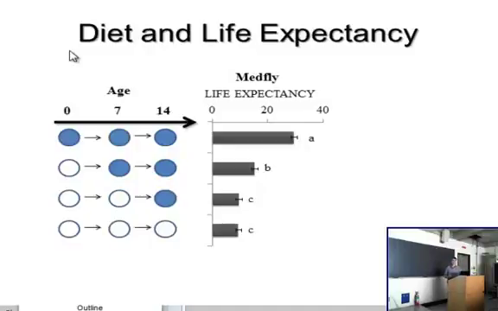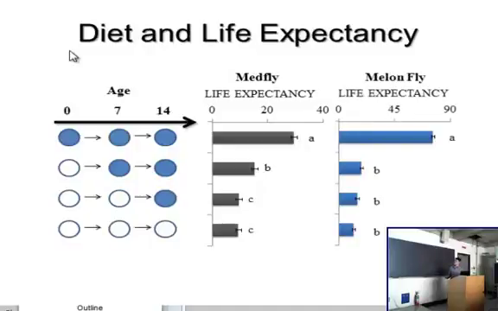However, if the delay period is longer than the 7 days, there is no longer any benefit to having that protein access. So you can see the 14-day deprivation period has the same life expectancy as the flies that never receive protein.